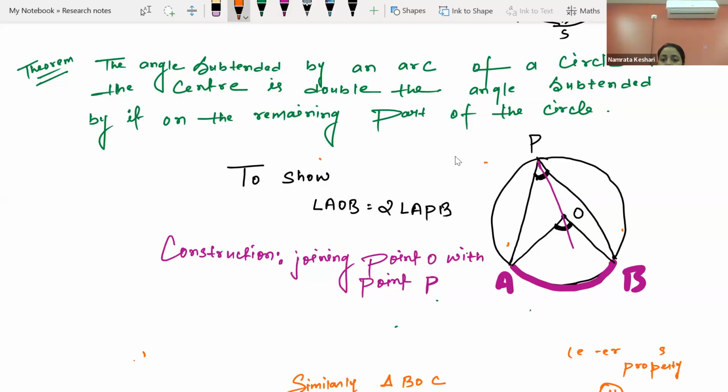We are having this triangle. Okay, and joining also like this. OP we are joining and just extending this OP till the point you can call it M. Okay, and extending it, or you can say the mathematical language, producing it, okay, till M.